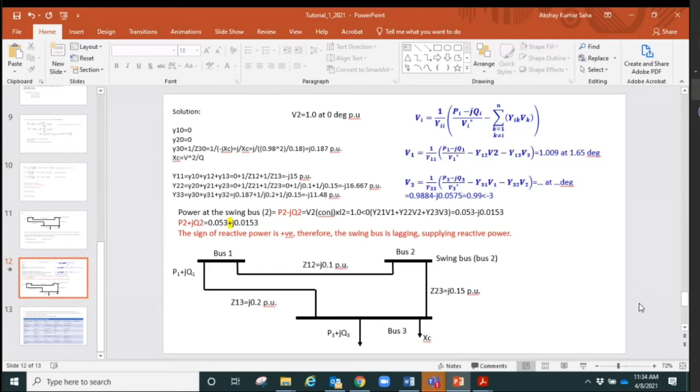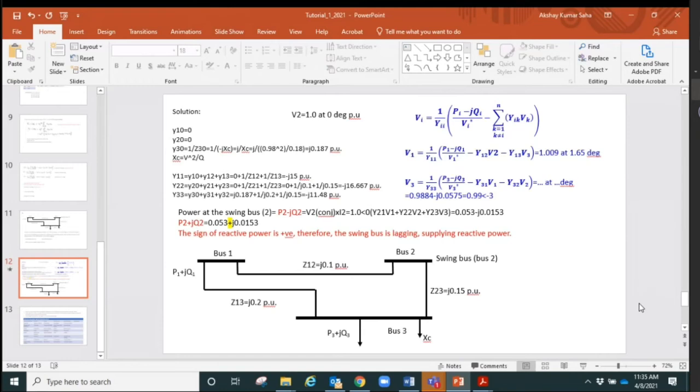For the power at the swing bus 2, V2 is 1 per unit, am I correct? V2 is 1 at an angle of 0 degrees. Okay, thank you. For that question, thank you for asking again for everyone.